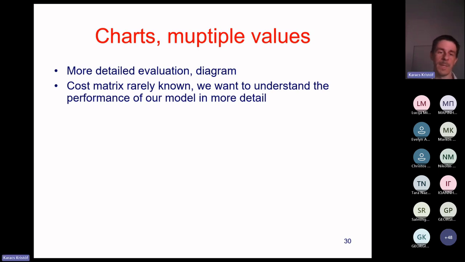Because the cost matrix is rarely known, at least not exactly, if you have multiple evaluation metrics in your hands, that will eventually give you more detail about the performance of the model. And if you have ranges for the costs, then you can still try to get the evaluation metrics into a range which could be acceptable even if the costs are different or not exactly known.